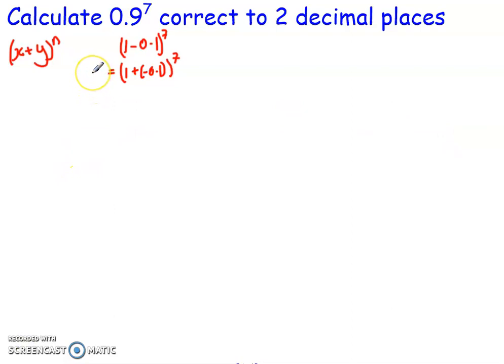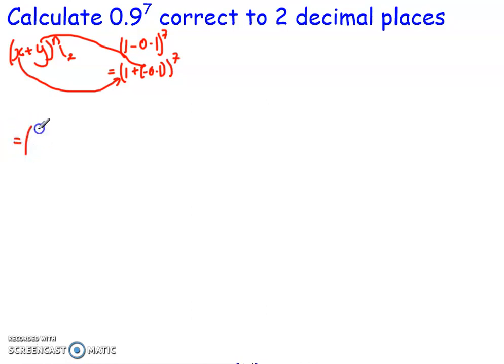So I look at this and I have to equate up the x and the y and the n to figure out what goes in each part, but that's quite straightforward. I know my x is going to go to 1, I know my y is going to become the negative 0.1, watch that, it's a negative value, and my n is going to be the 7. So what I can now do is start expanding it the way I want and then see how we go from there.